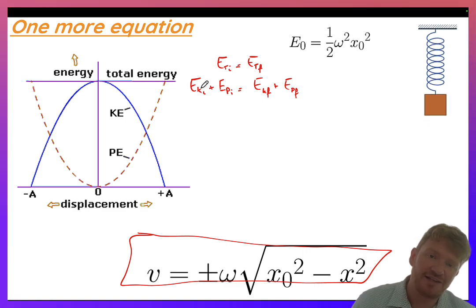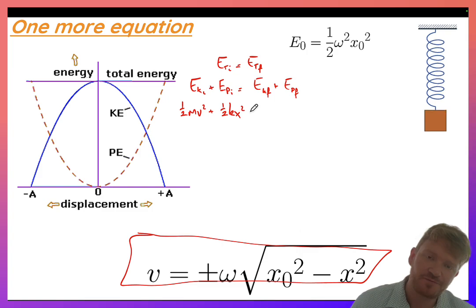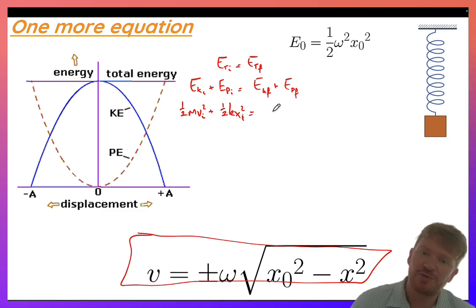Now mathematically then, kinetic energy of this object will be a half mv squared plus, and then I need the energy stored in this spring. So if you think back to year 12, that is a half kx squared. And so that will be the initial velocity and the initial displacement.